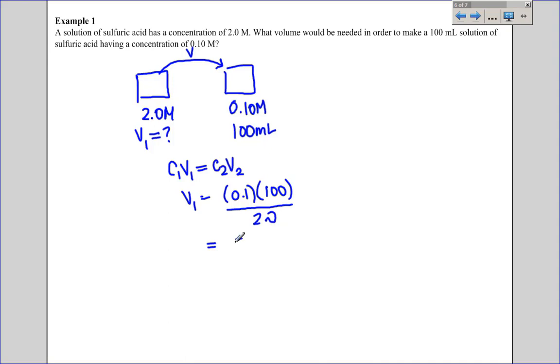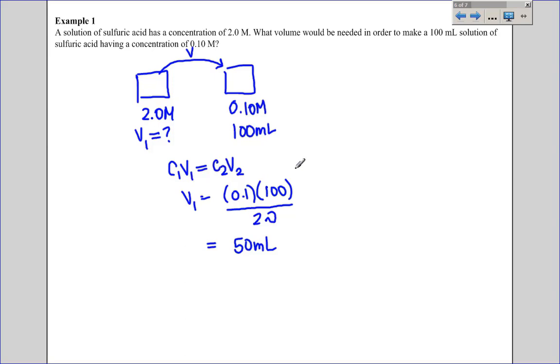And what I find is that my volume is 50. And the units of my volume are milliliters, because when I'm using this formula, I used 100 milliliters for my volume. So therefore, the units of this volume are going to be milliliters.